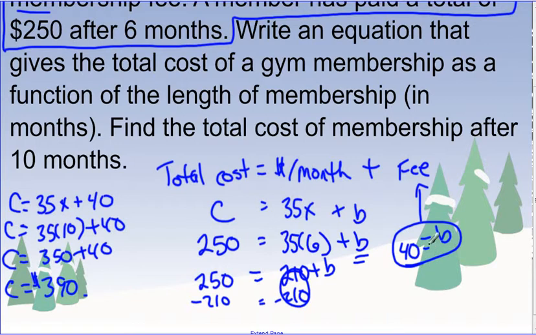And that gave us this membership fee. That's everything we needed to find the total cost of this gym. We have the cost per month from the problem, and the fee we found out. Then we use that information to write our equation for the cost of the gym, which is this guy. And finally, it asks us to find the total cost after 10 months. Plug in 10, do the easy math, and we got ourselves an answer.